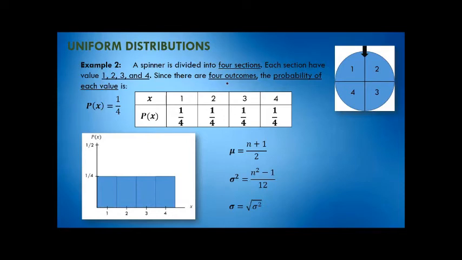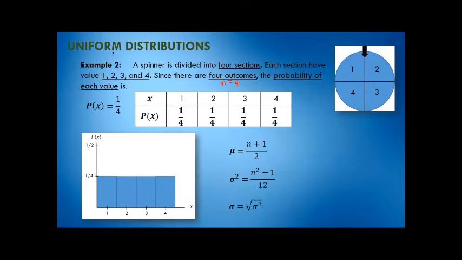Since there are 4 outcomes, the probability of each value will be computed as 1/4. So we all know that this is 1 over n and our n is equal to 4. So that's why the probability of any value is 1/4. Kaya probability ng 1, 2, 3, and 4, pare-parehas silang 1/4.